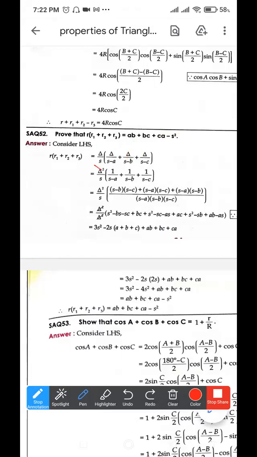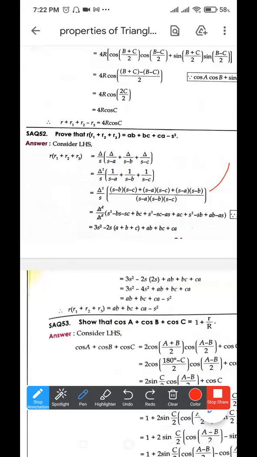Take delta as common, then delta into delta, delta square by s into 1 by s minus a plus 1 by s minus b plus 1 by s minus c. Now multiply these two to this side, these two to this side, and these two to this side. After doing that, you will get this.